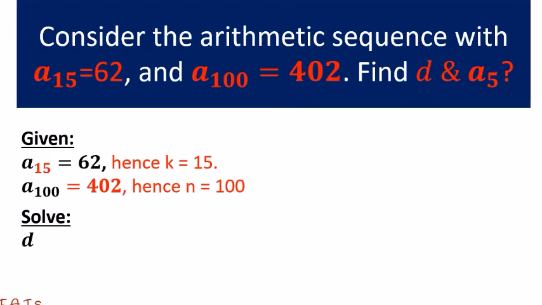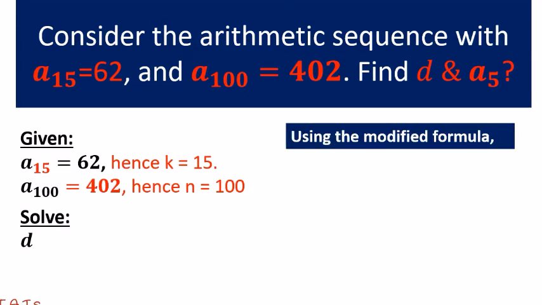A sub 100 could be the last term, or a sub n, or this could be just any a sub k. Anyway, once you get familiar with the modified formula, a sub n or a sub k doesn't really matter anymore. Now, using the modified formula, let us substitute the necessary information. Let us use a sub 15 and a sub 100 to solve for d.